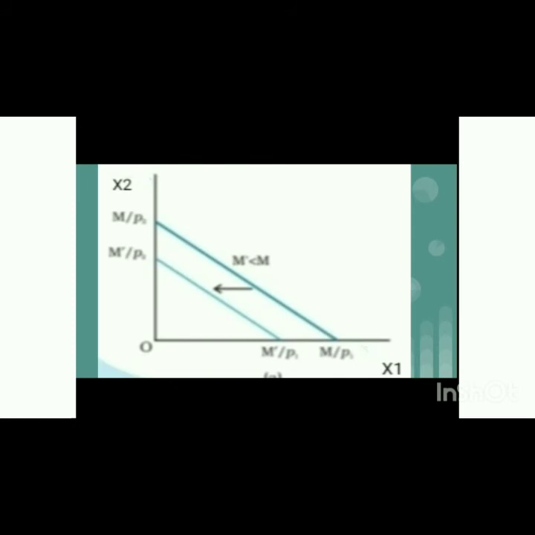If income reduces, the consumer's budget line shifts backward or leftward. Say the new income is M dash, which is less than M. The consumer's new income is M dash, which is less than M. Therefore, the vertical intercept M bar P2 changes to M dash bar P2, which is less than the old vertical intercept.